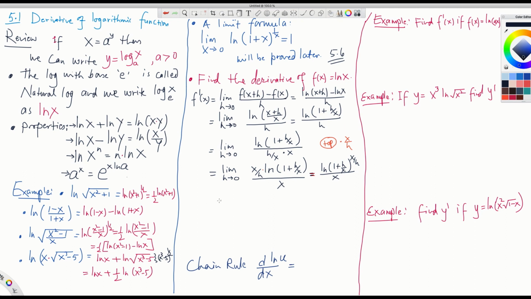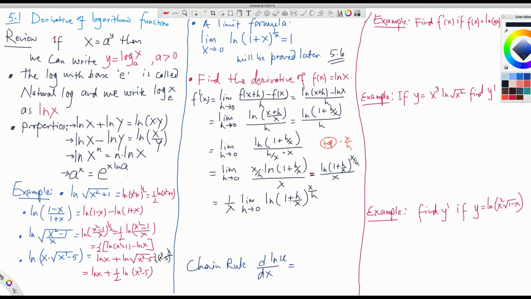Let me pull that x out, because that x doesn't have h, so I can pull it out and then write the limit h tends to 0 of natural log of 1 plus h over x to the x over h.